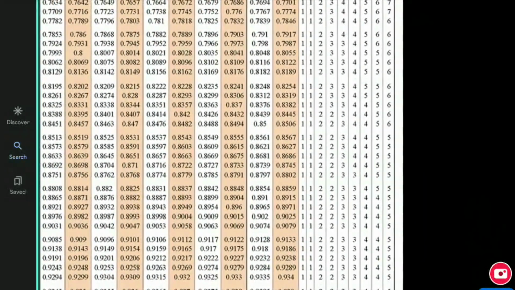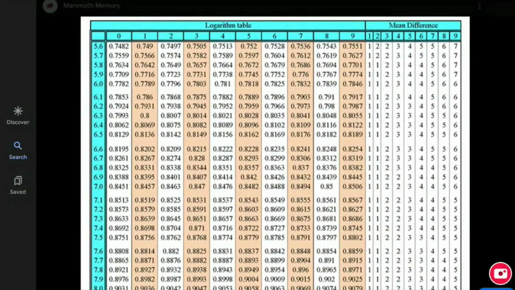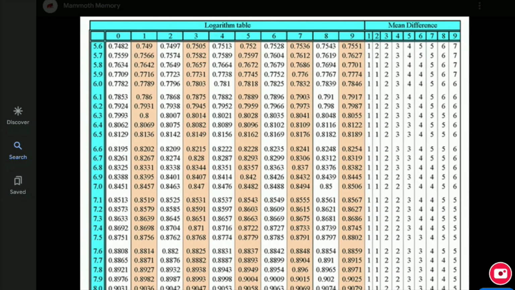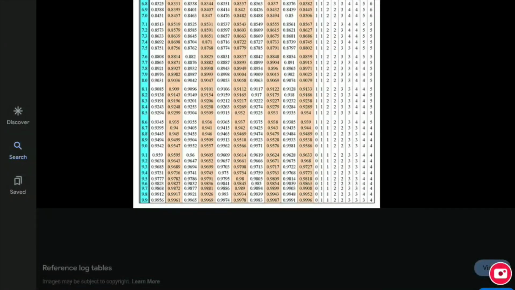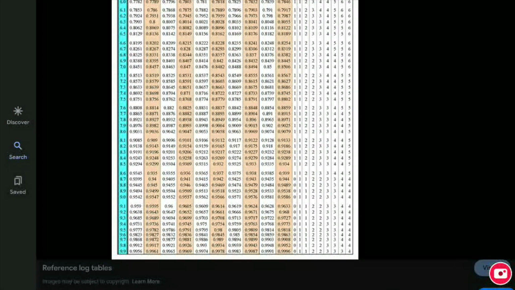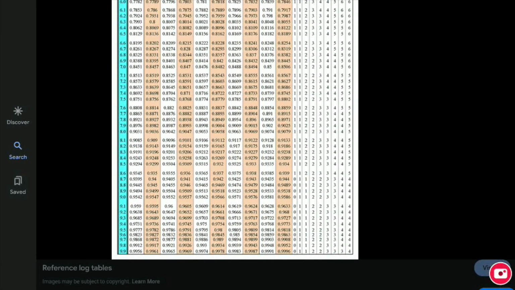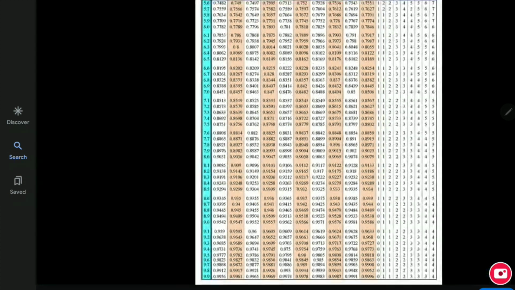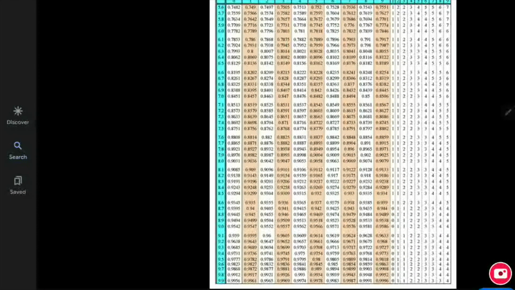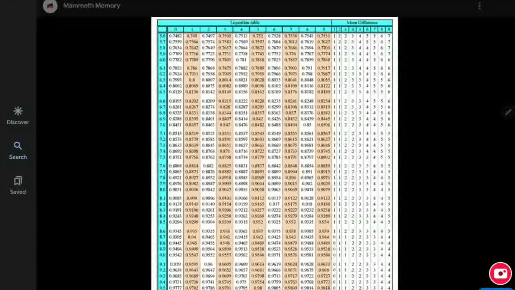So if you're curious about how to actually use one of these tables, try looking it up. They used to be used for sailing when they were invented because they had to do large calculations, and logarithms turn large multiplication problems into simple addition just using these tables. So they can be very handy, especially during sailing, which not many people do without a calculator or navigational equipment anymore. But just one of the few history facts I actually do know.